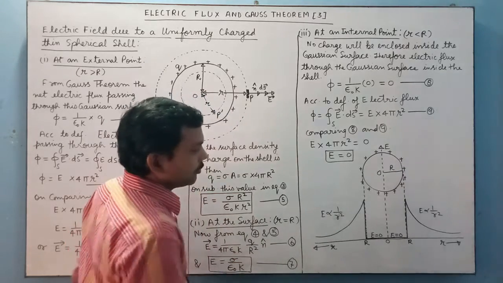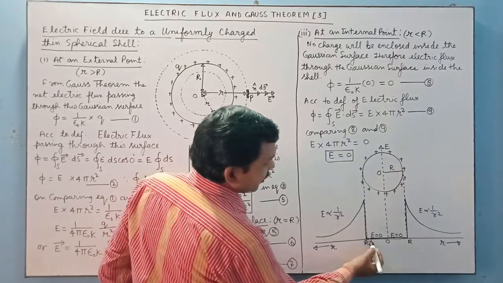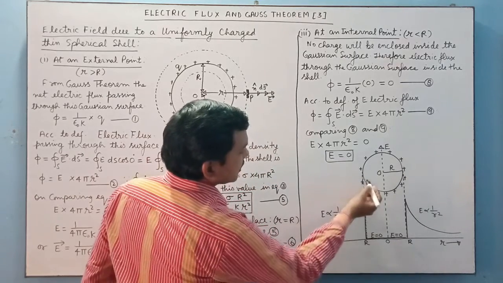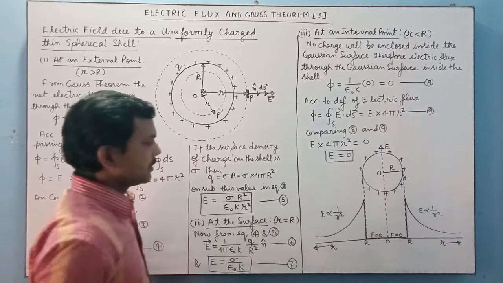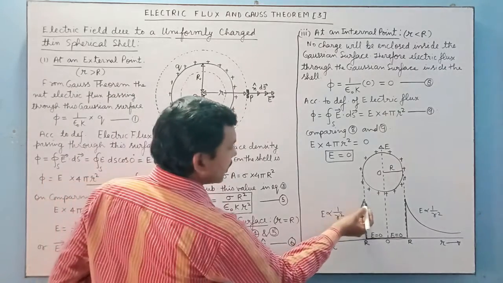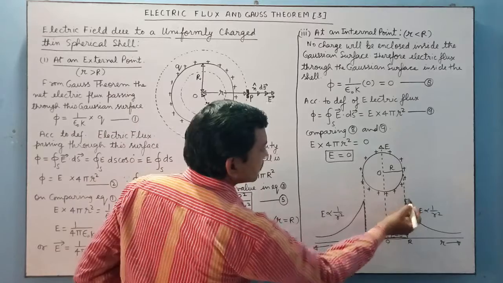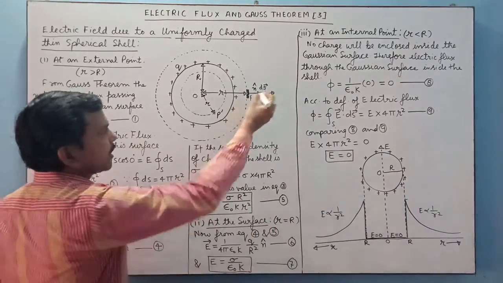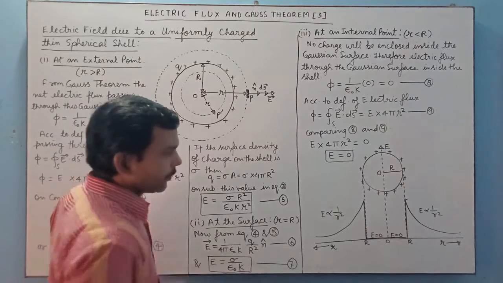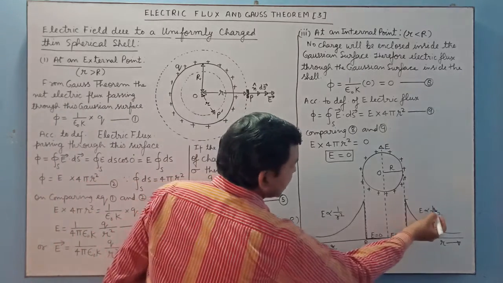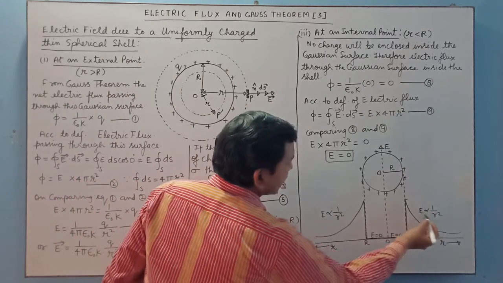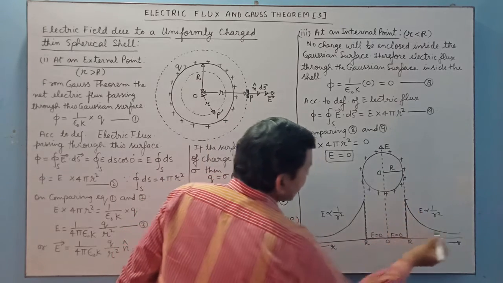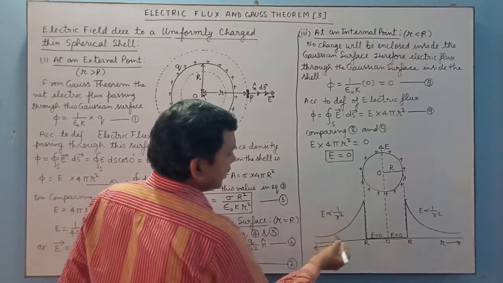You can easily notice that intensity of electric field inside the shell is 0, and on the surface the intensity is maximum here. And when we go apart from the surface of the spherical shell, the intensity decreases as 1 by r square. So we get a curve like this here, and similarly here also.